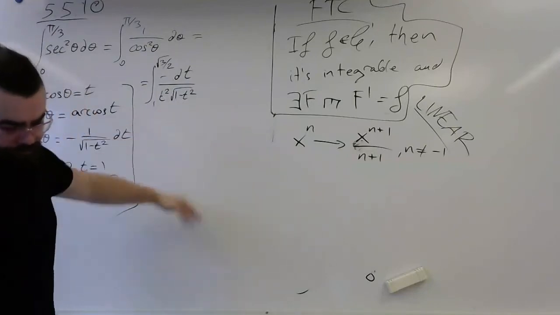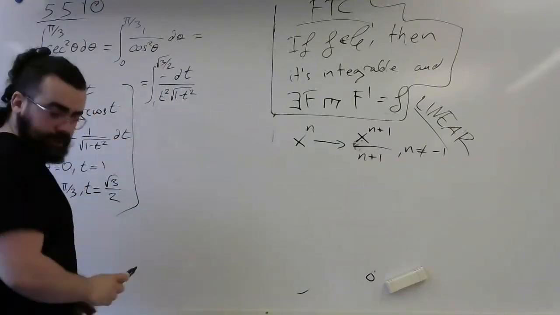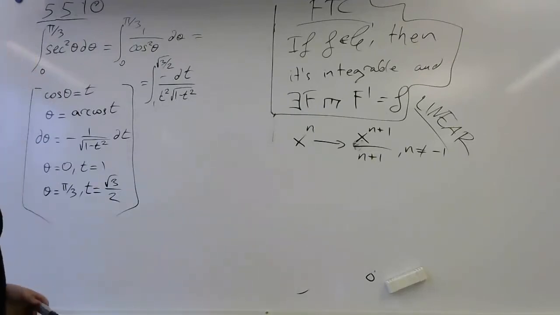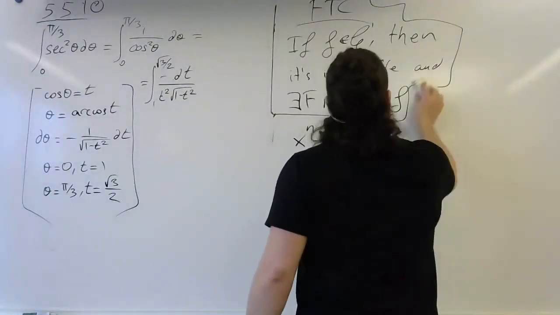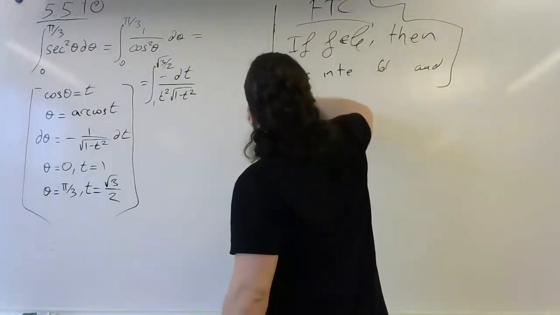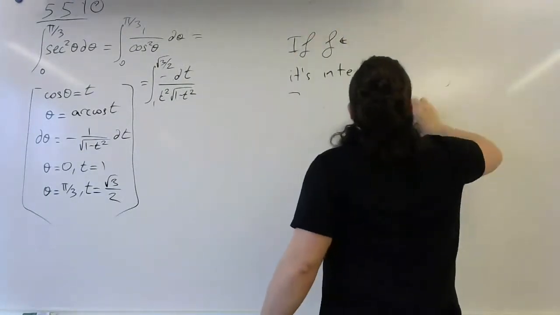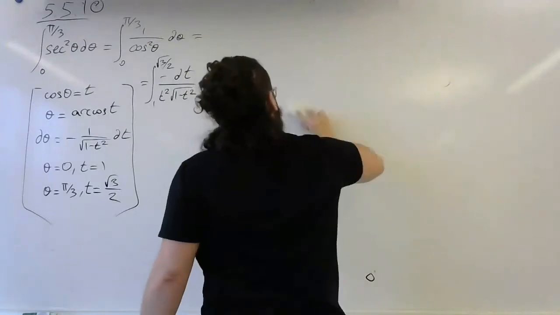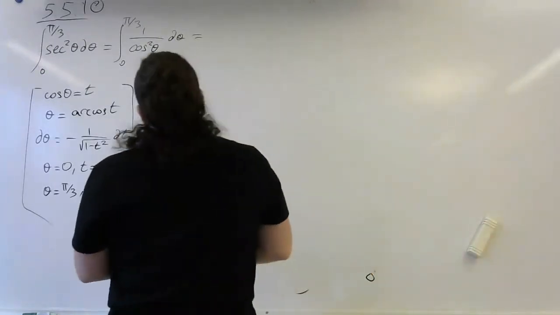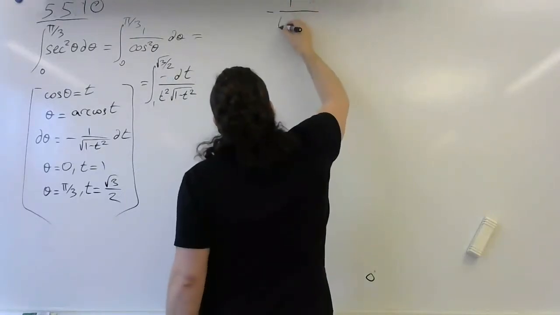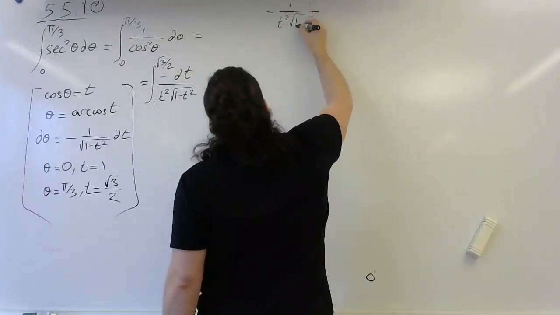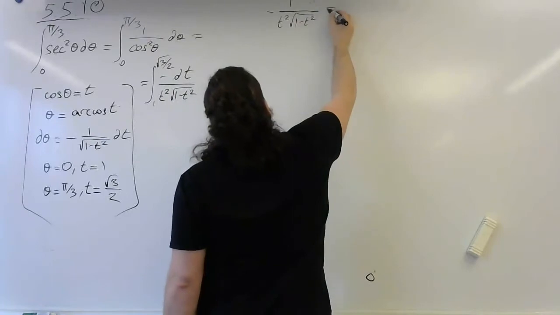What I'm going to do is what is called a decomposition in simple fractions. And that will help us separate the two. So we have minus 1 over t squared, square root 1 minus t squared.